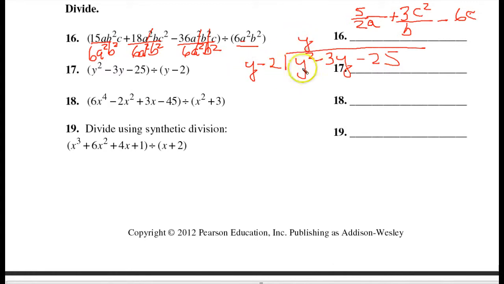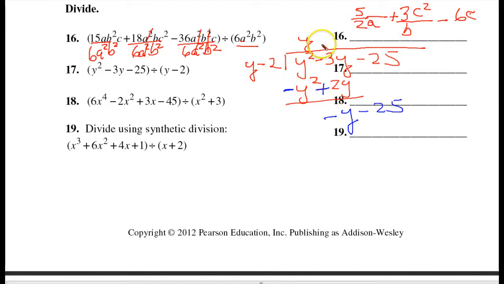So this times this gives you y squared. This times this gives you a negative 2y. And then the rule is we change the signs, and then we add. So this cancels out. Here we end up with a negative y minus 25.